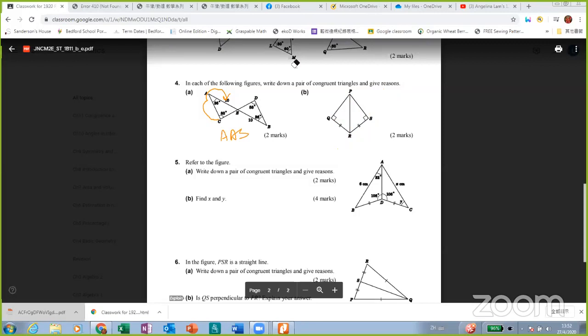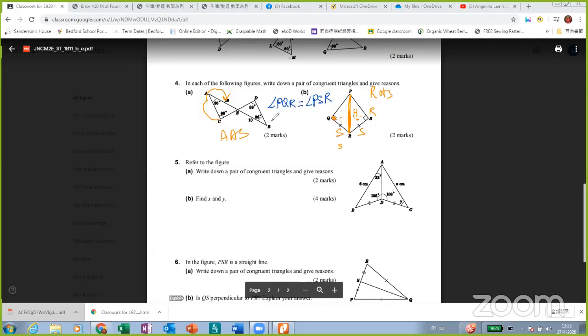If we need to write the steps very clearly in detail, we need to tell, for example, angle PQR, we mentioned the right angle, equals angle PSR, the right angle.